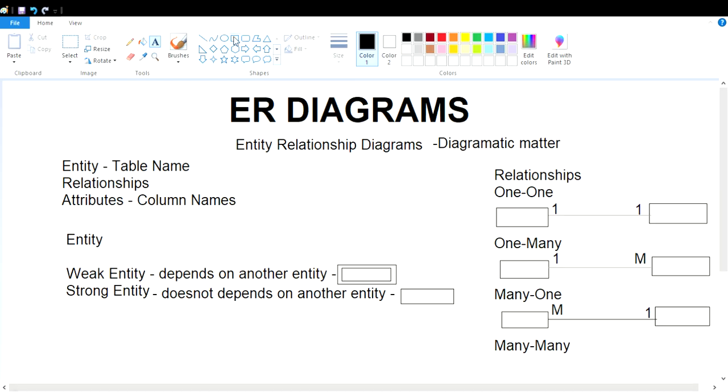And the last type of relationship is the many to many relationship. Here we will represent two tables, many to many.